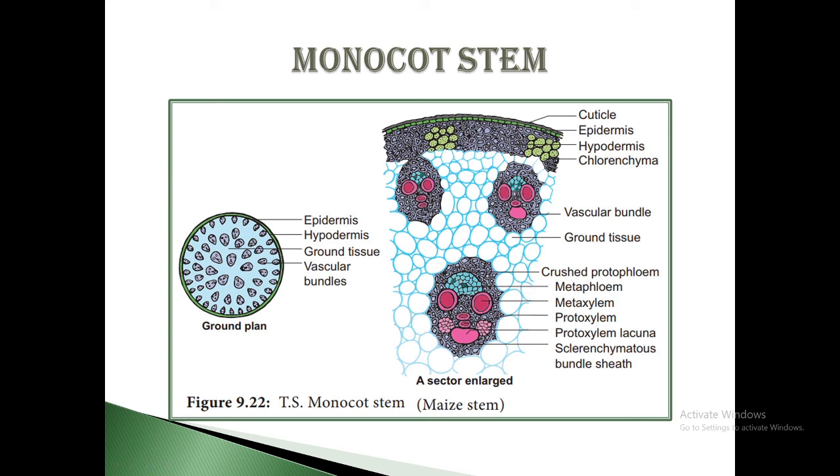The inner portion is known as the metaphloem. In primary phloem, the sieve tubes and companion cells are quite conspicuous. So here is all about the monocot stem.